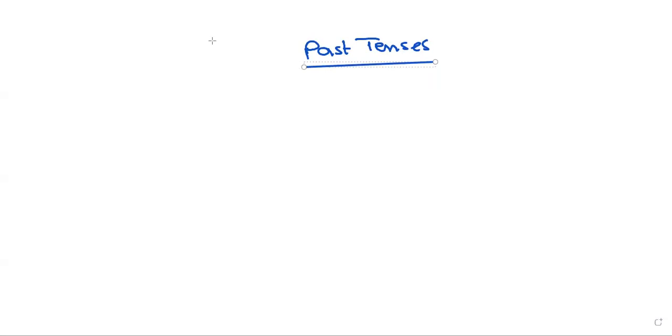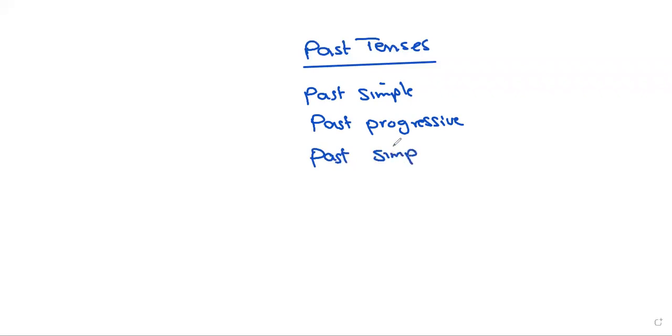And as you know, we have four aspects. We have past simple, past progressive, past perfect, and past perfect progressive.